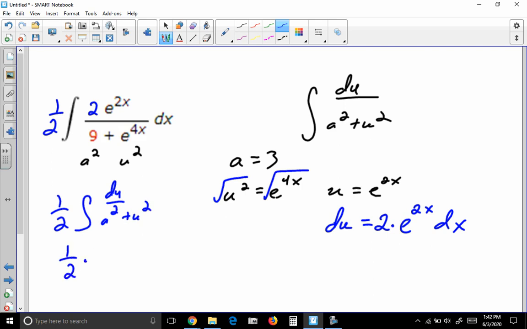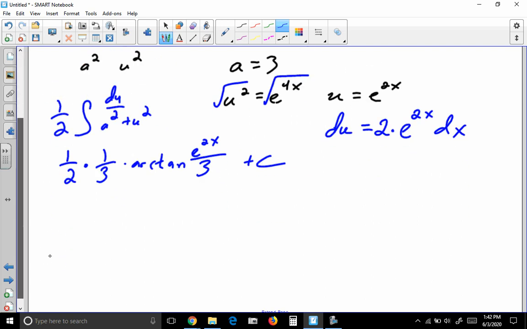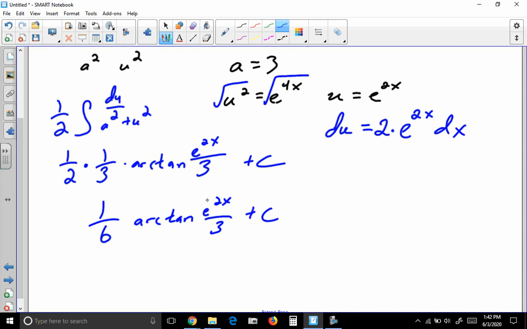So if we look back at our formula to integrate that, we have 1 over a times arctangent or inverse tangent u over a, and then plus c. So 1/6 arctangent e to the 2x over 3, and then plus c.